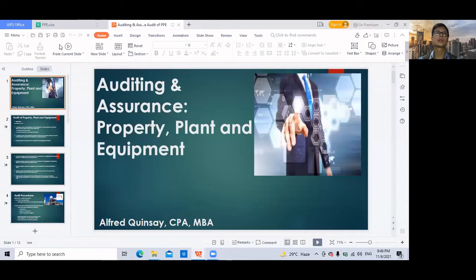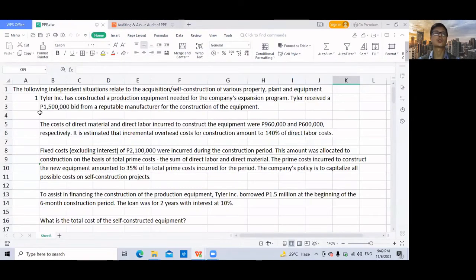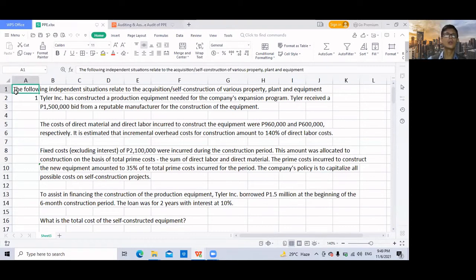Okay, now we're going to move to the application. So we're going to take up this one. The following independent situations relate to the acquisition or self-construction of various plant and equipment. So Tyler Incorporated, we're going to solve these two problems.